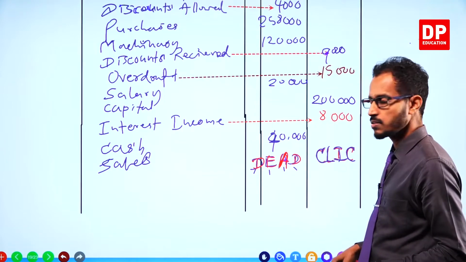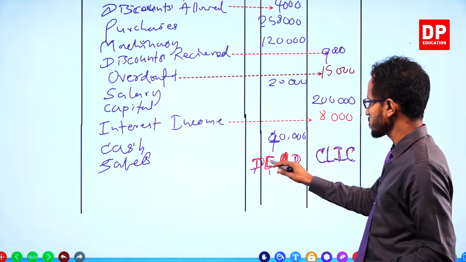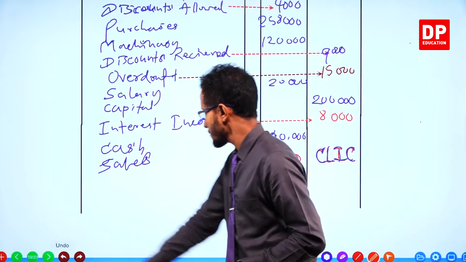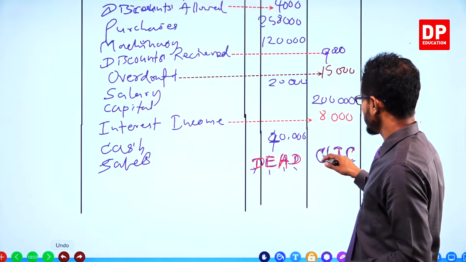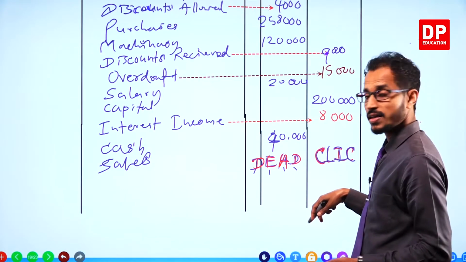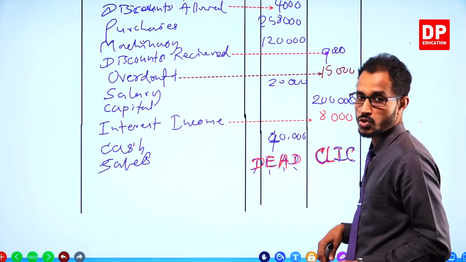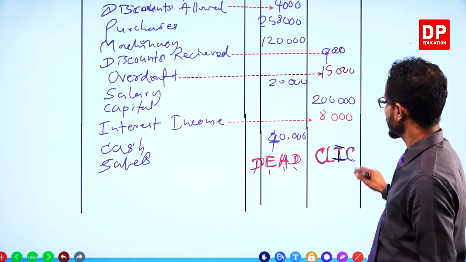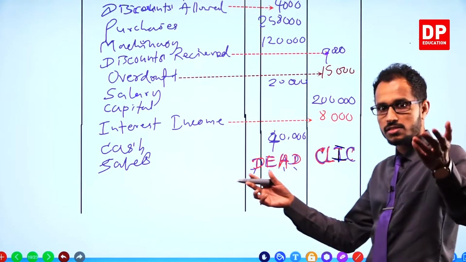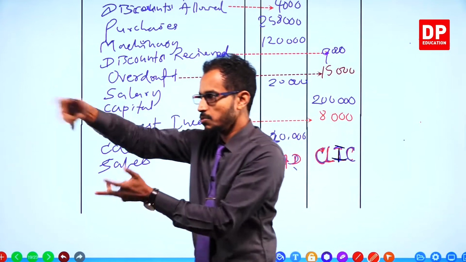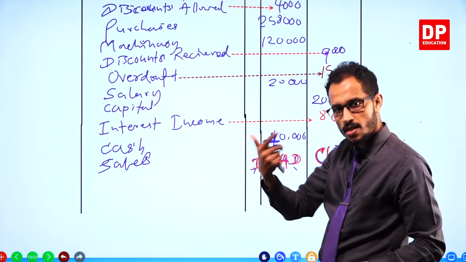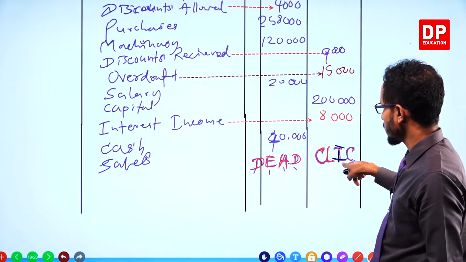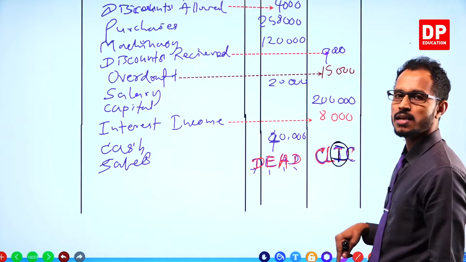Is it an asset? No. Is it an expense? No. Then what? Is it capital? No. Is it a liability? No. Is it an income? Yes, it is an income. Sales, children. We sell goods to our customers, more and more goods. We get money. Money incoming by sales. So sales go to the credit side because it's an income.